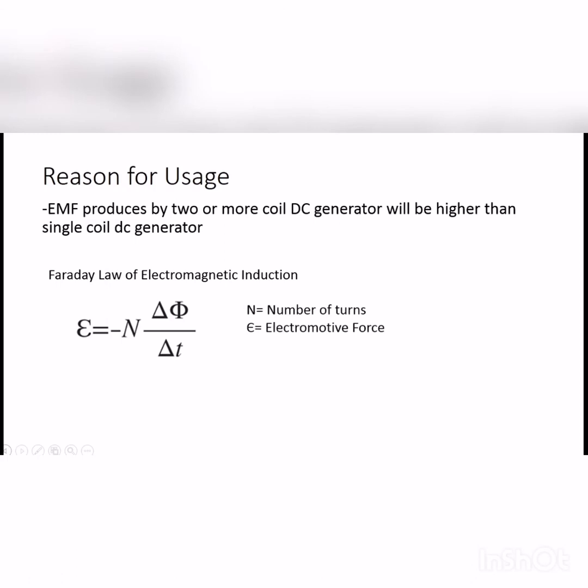Hence, this clearly shows that the number of turns is directly proportional to the electromotive force produced. So when there are more coils, inevitably the number of turns of the coil will be higher and the electromotive force will increase accordingly.